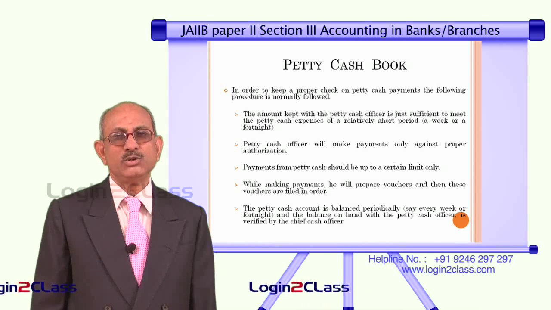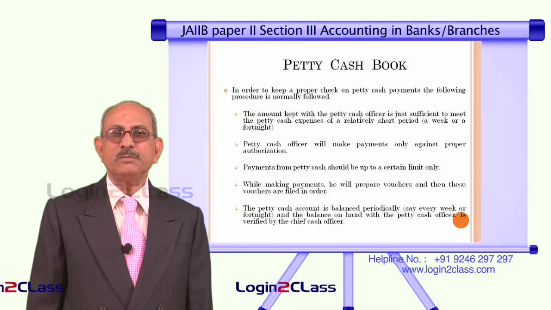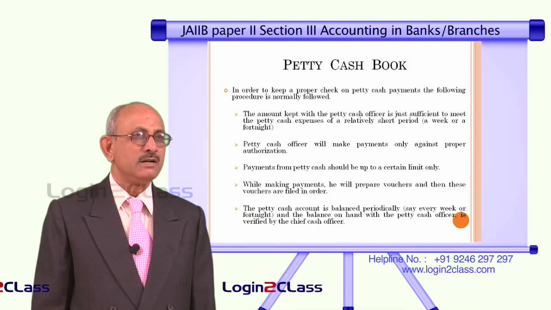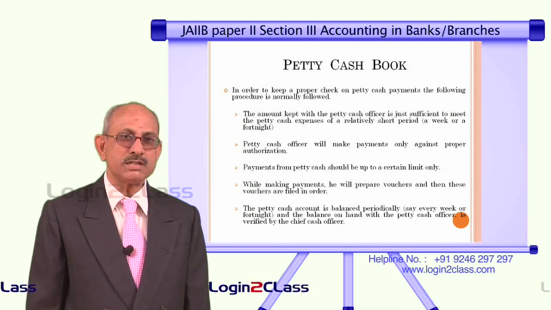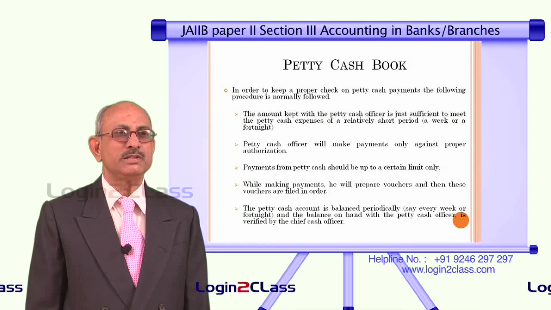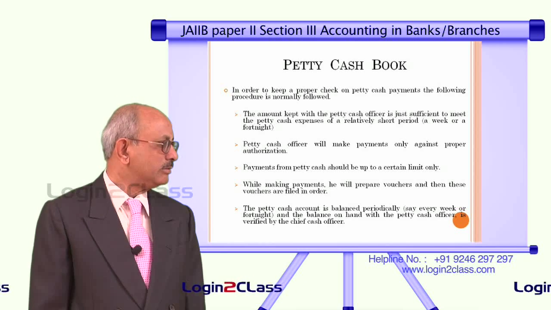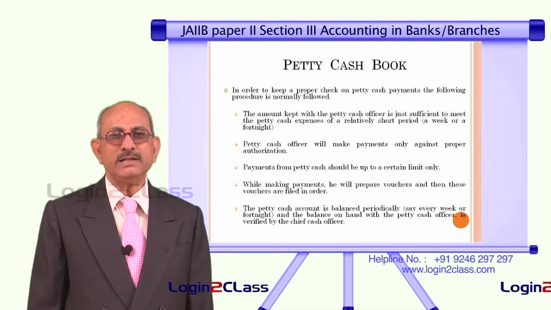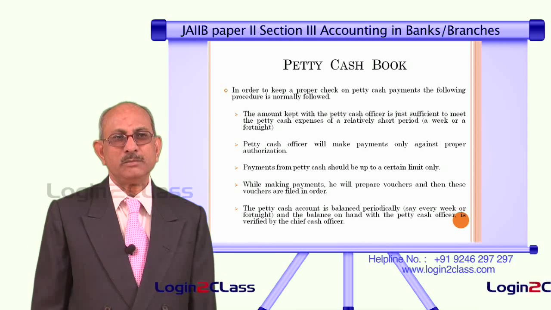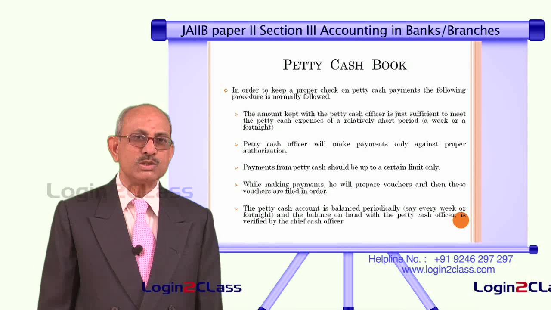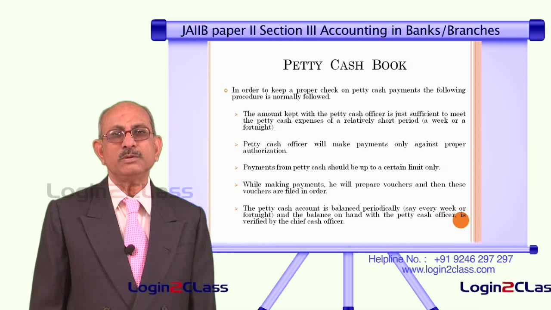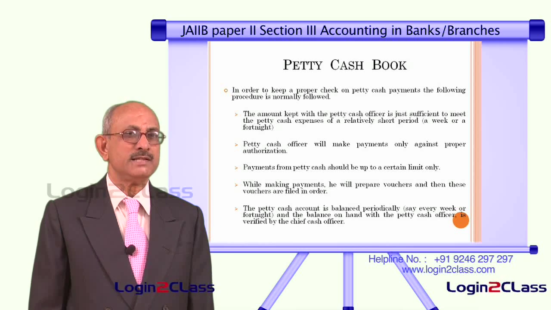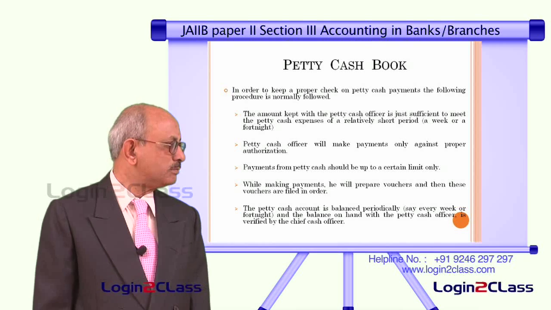And in order to ensure that there is a proper record of all the payments made, he should insist on having vouchers which will be signed by the person who is receiving the cash, and these will be filed chronologically, so that at the end of the month when petty cash account is being closed, it will be possible to check all the transactions on the basis of the vouchers prepared.